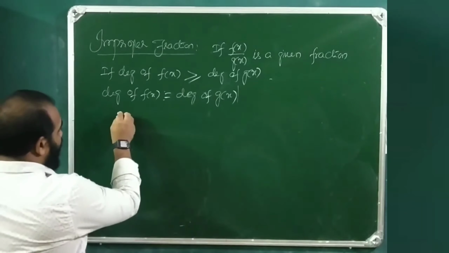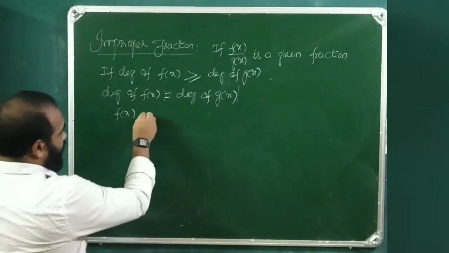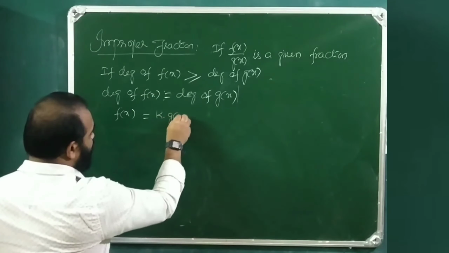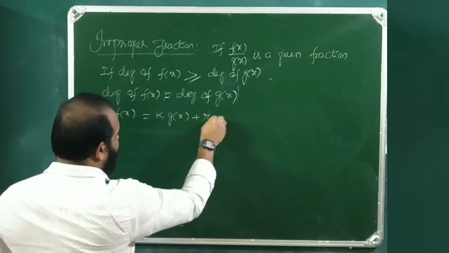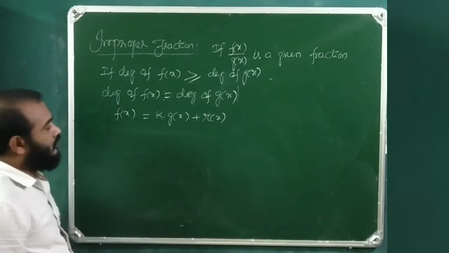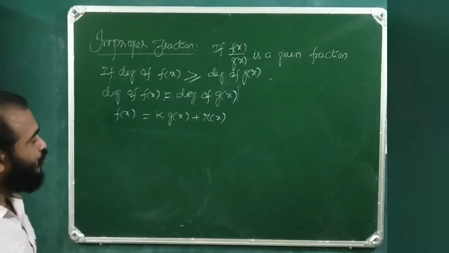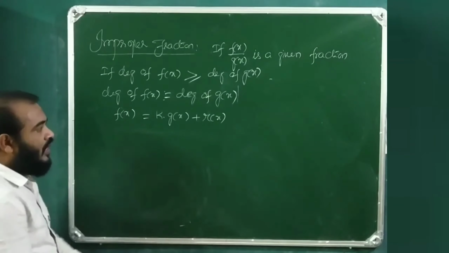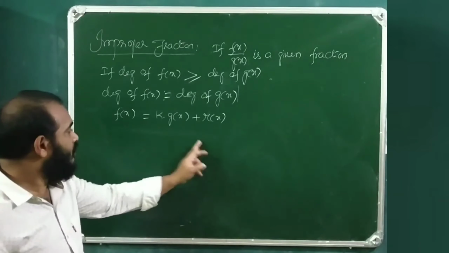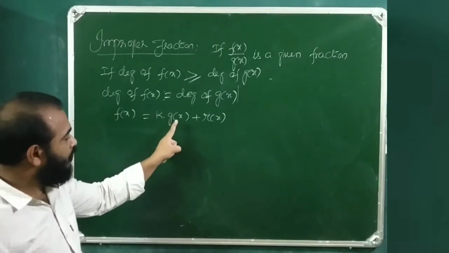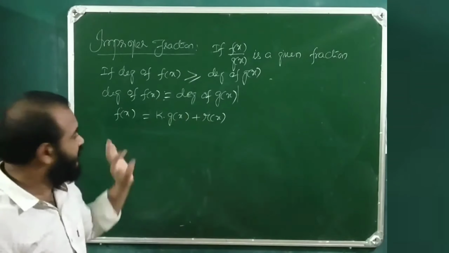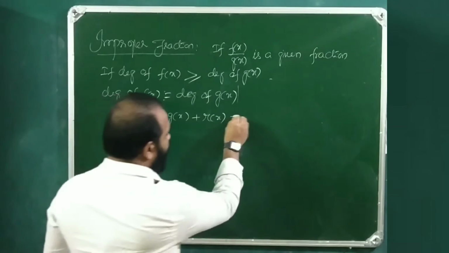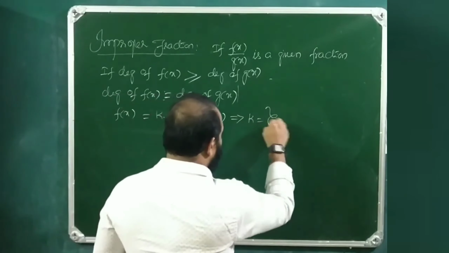So f of x is equal to k into g of x plus r of x, according to the division algorithm. What is this k? k is a constant.